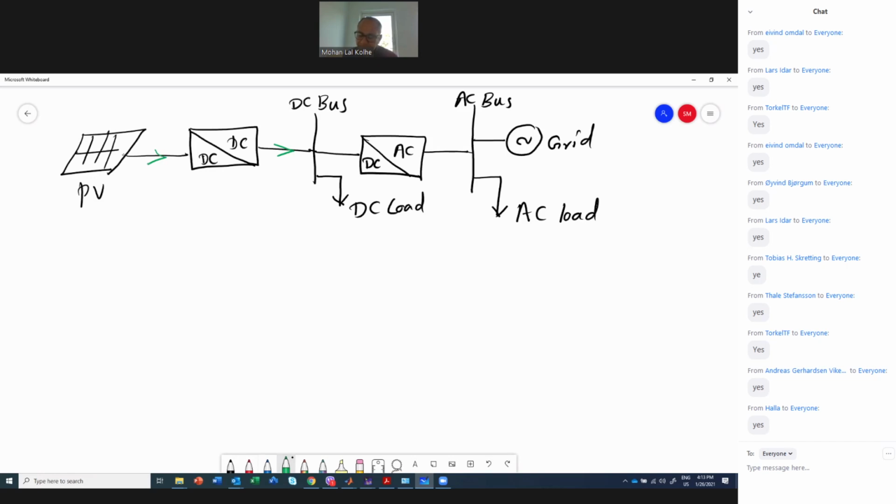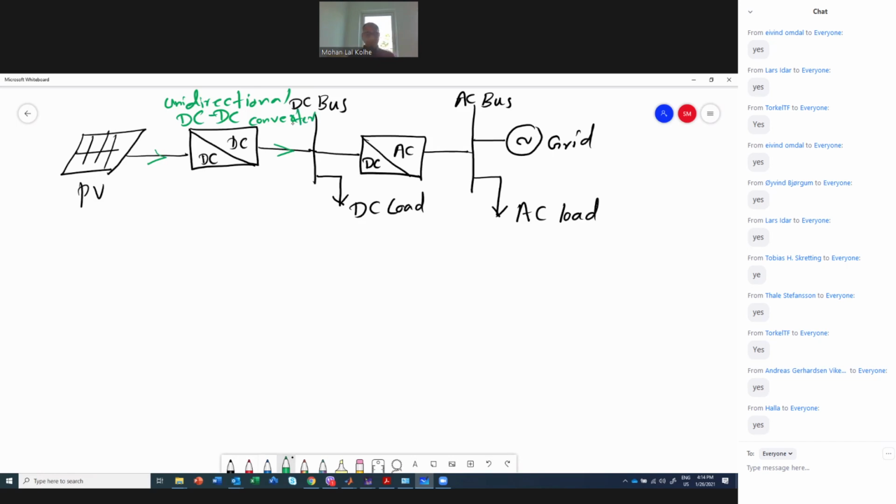Only power flow from the PV module to the DC bus. Therefore, this is unidirectional power flow, and this converter is known as a unidirectional DC to DC converter. You study these things with Professor Mohan, but I am here explaining just to give you an overview and how to model these things in Simulink.